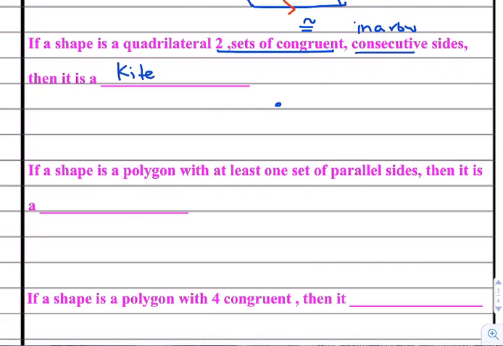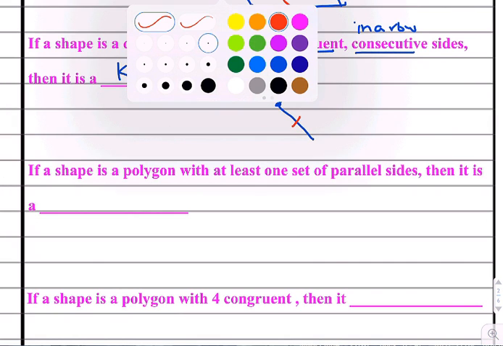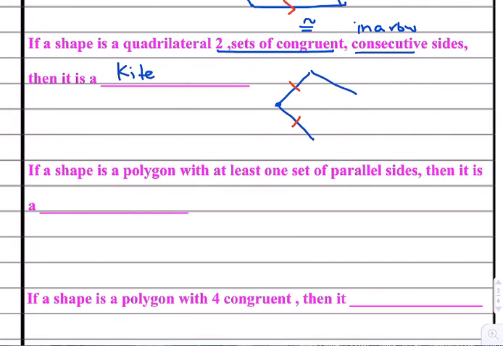And so here's how this would look. I have two sets of sides that are adjacent, touching, that are also congruent. And then I have another set of sides that do the same thing, that are touching and congruent in a row, and we get a kite.